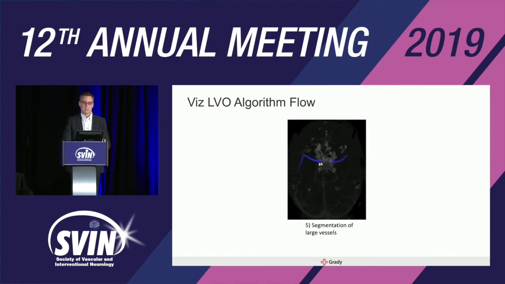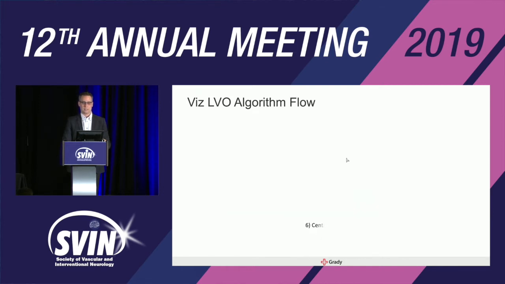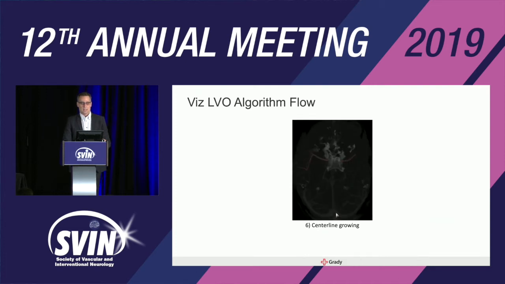Then you can see here the segmentation working, and then the right to left comparison, which will trigger an LVO in this case. Then it extends the central line. You can see the central line growing here. And then you can see again, it's going to look at the lengths, and there are the thresholds that will trigger the response here again.